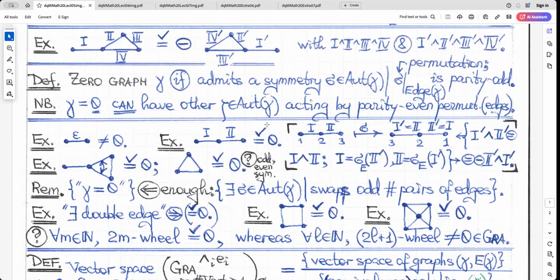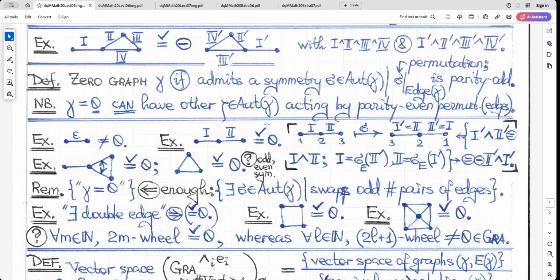And we discussed that this constellation, this graph, is also zero. It is equal to minus itself because it admits a symmetry which flips two of its edges. We see that this graph is also zero. We don't yet notice it if we try a cyclic rotation, because the cyclic permutation of three objects is a parity even permutation.